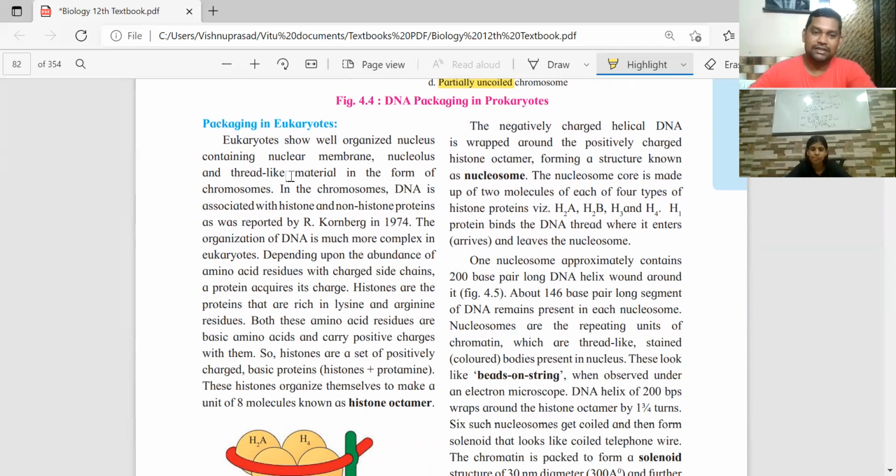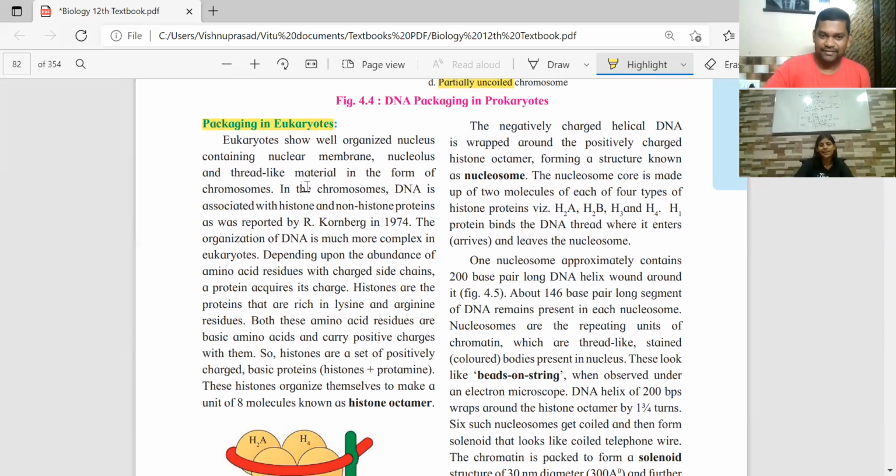Now the thing we have to understand is about eukaryotes. There is a well organized nucleus having a nuclear membrane. Nuclear membrane means the size of the nucleus becomes fixed. The entire DNA has to be coiled and placed in the nucleus, and compared to prokaryotes, eukaryotic DNA is longer.